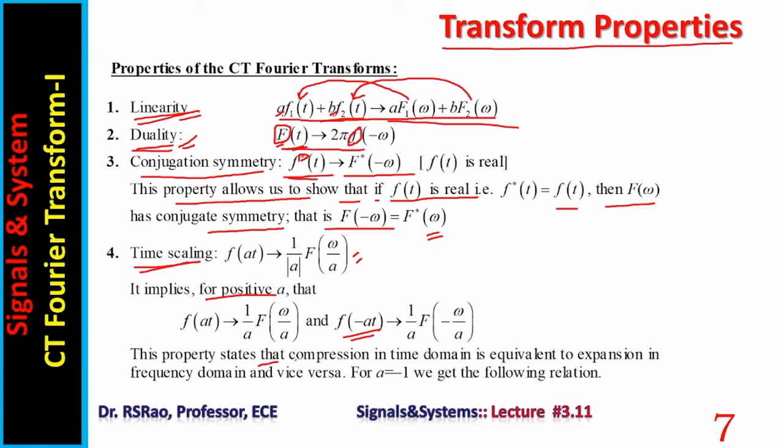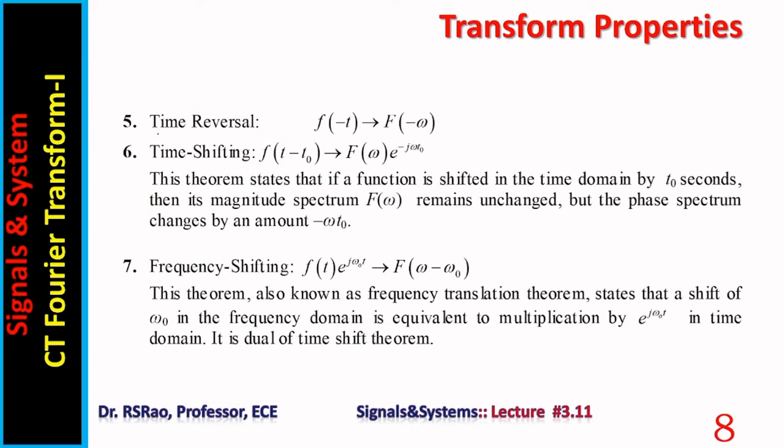This property states that compression in the time domain is equivalent to expansion in the frequency domain and vice versa. For a equal to minus 1, we get the following relation: time reversal. According to this property, f of minus t gives a Fourier transform F of minus omega.